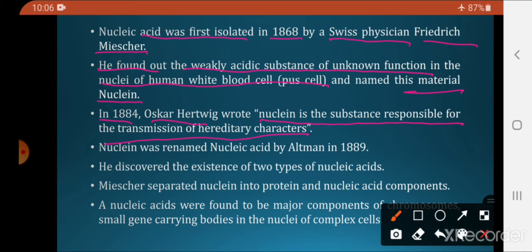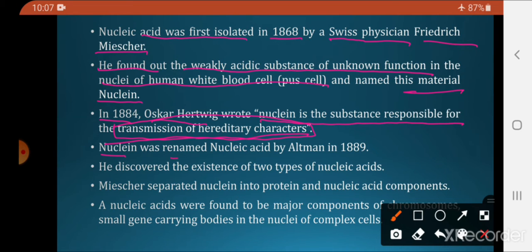In 1884, what did Hertwig write? He only wrote, he didn't prove anything, but he wrote that nuclein is a substance which is responsible for the transmission of the hereditary characters. He said that nuclein is the substance which transmits the hereditary characters from generation to generation.